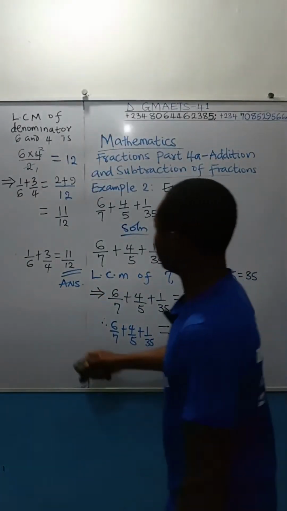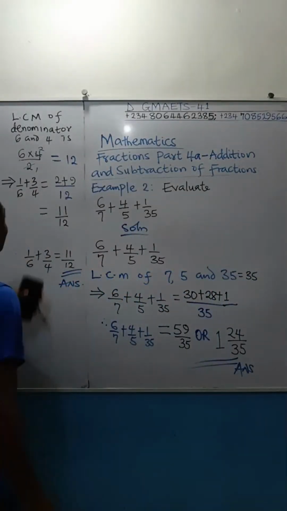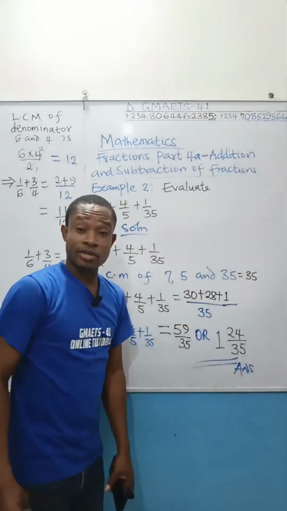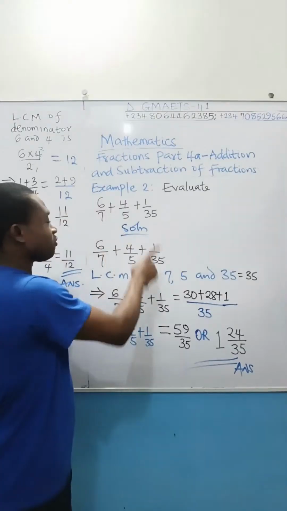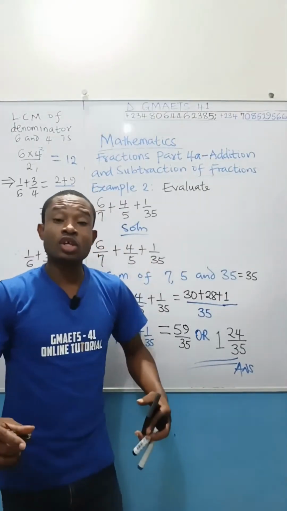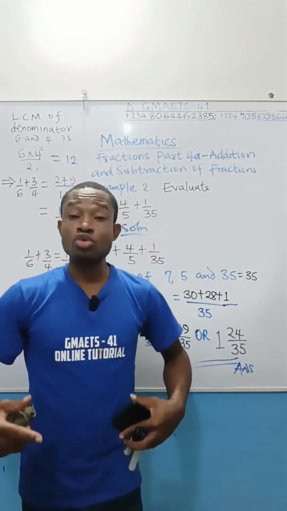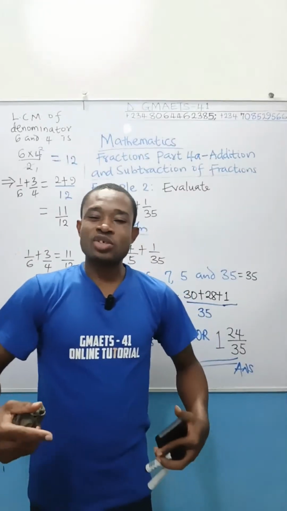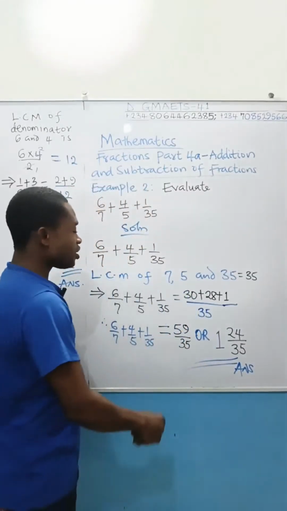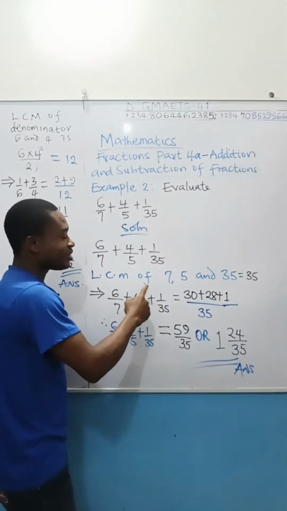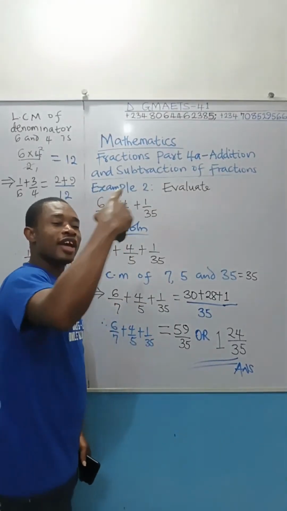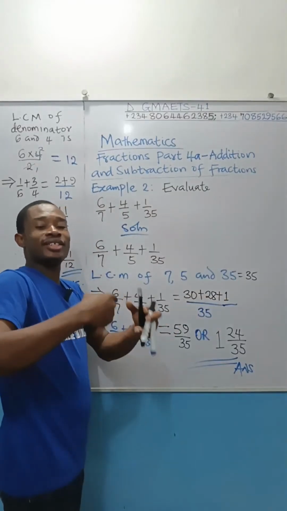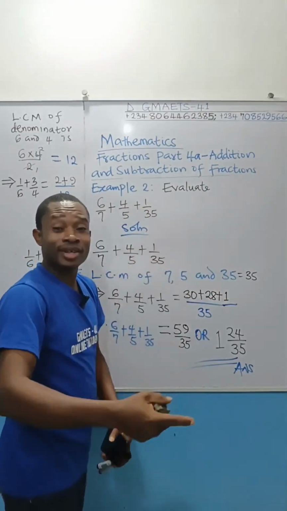Question number 3. You're going to wipe this. Okay, having explained how you get your LCM, the next thing I want you to take note of, although it is not a law or a rule, but I suggest it, is this: whenever you are doing LCM, divide by the denominator, and anything you get, multiply by the numerator, because of the advantage you will get as you are moving ahead in other topics.